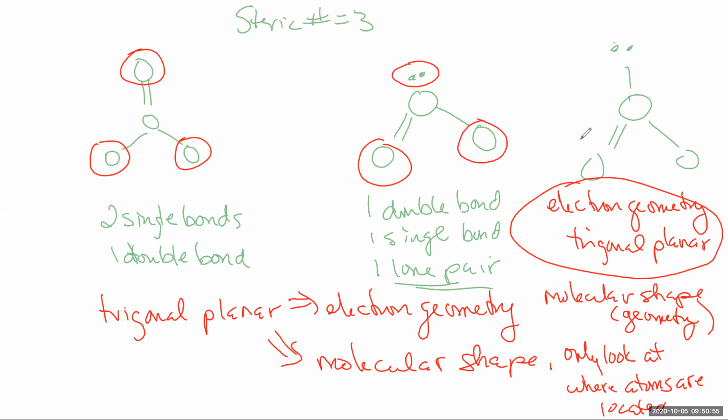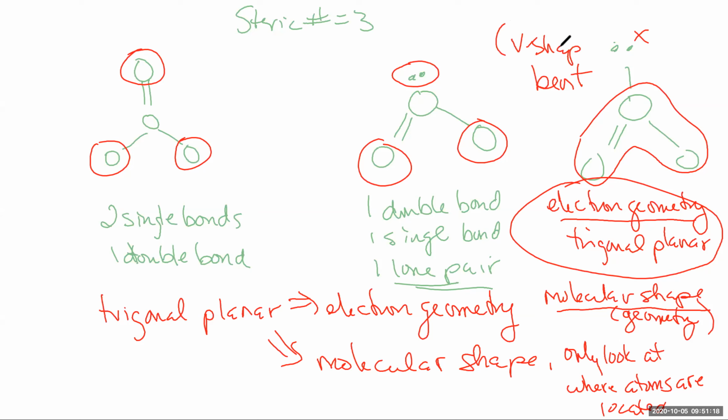And so the atoms are only located here and here. So we don't take into account this lone pair of electrons when we're doing the molecular shape. We do when we're doing the electron geometry, but not for the molecular geometry. So this thing actually has a different shape than its electron geometry. And the shape it's called is very technical. It's called bent. Some people will call it V shape.